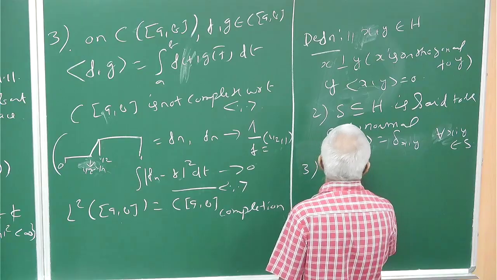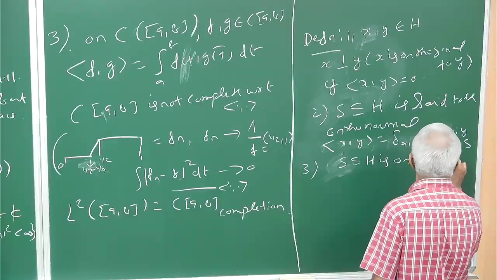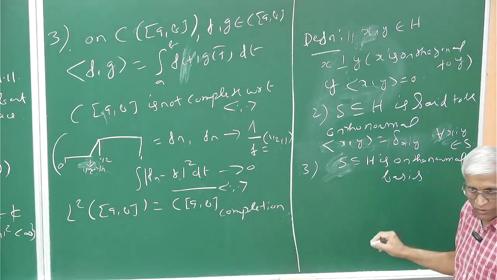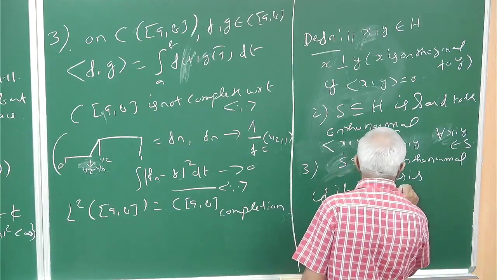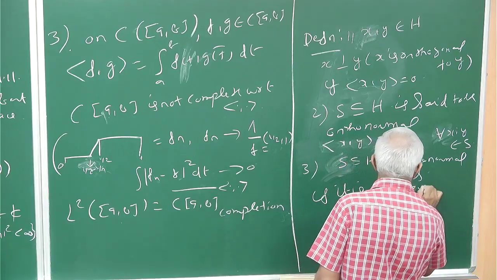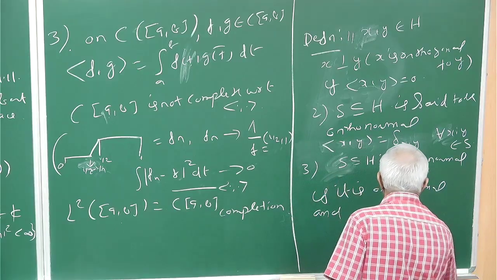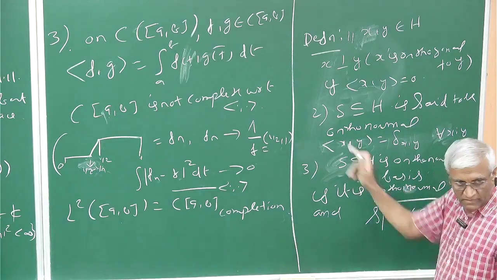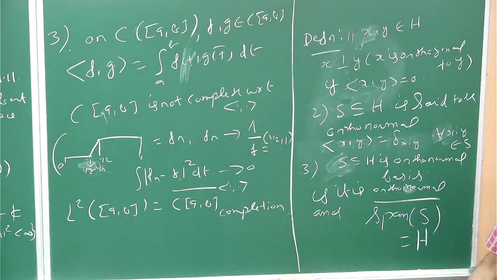Third, a subset S contained in H is said to be an orthonormal basis if it is orthonormal and you take the span of S, just finite linear combinations of all things in S, and then take the closure with respect to this inner product, and that is equal to all of H. Finite linear combination, yes.